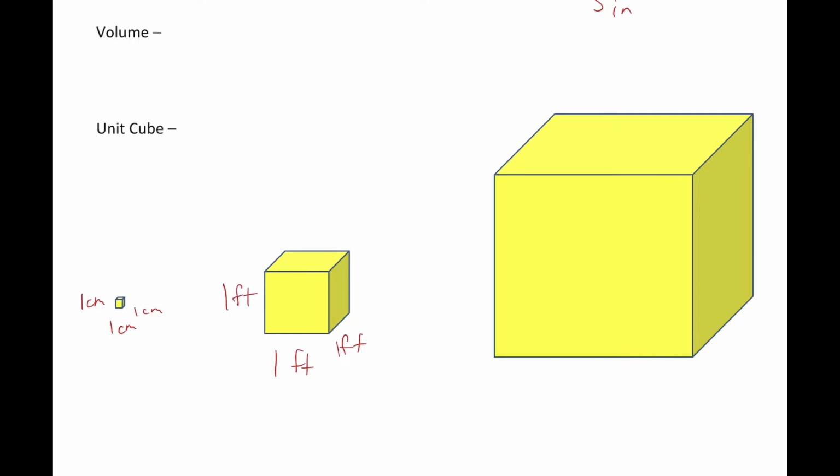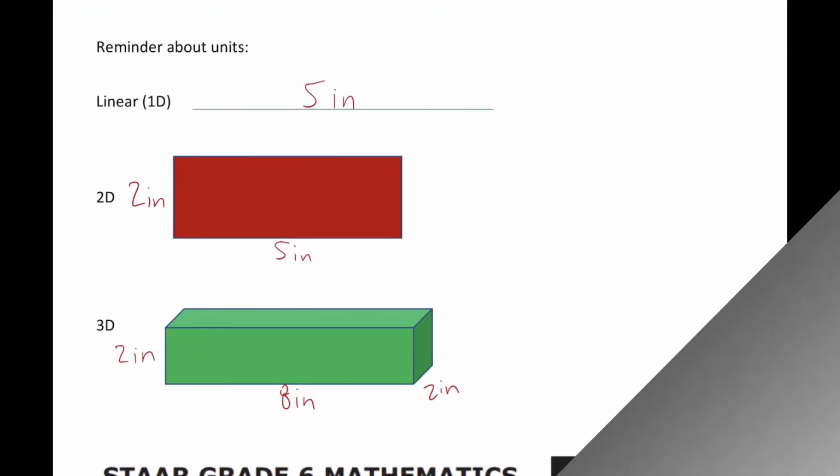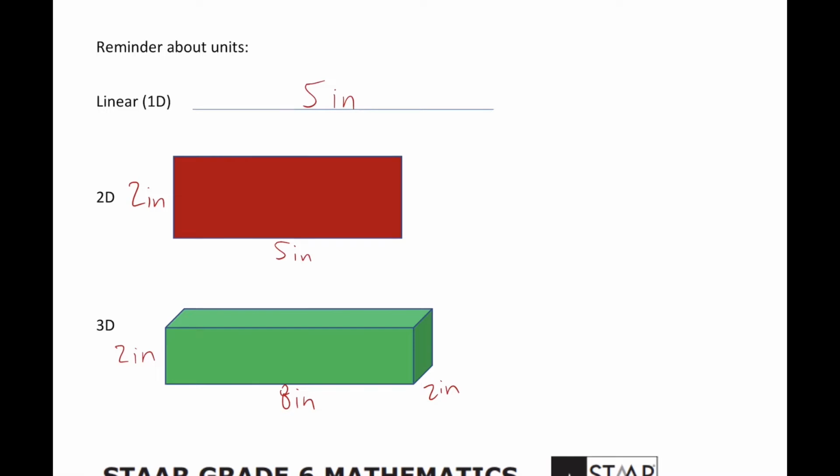There's a foot unit cube. Or I could have, for example, 1 meter by 1 meter by 1 meter, and there's a meter unit cube. And the only important thing for a unit cube is that it's just one of whatever that unit is on all sides.